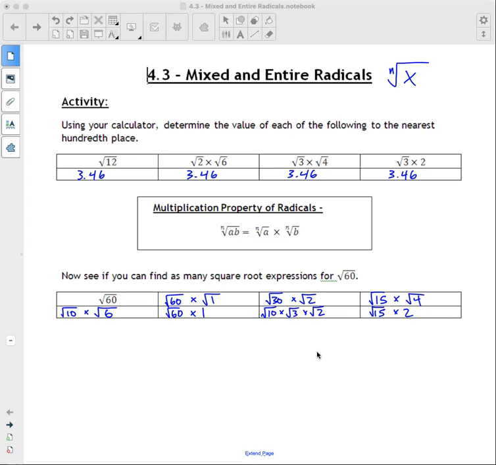This explains the multiplication property of radicals: we can break apart a bigger radical into its factor radicals. The big thing is that the index must be the same for all radicals if we're splitting up that bigger radical.